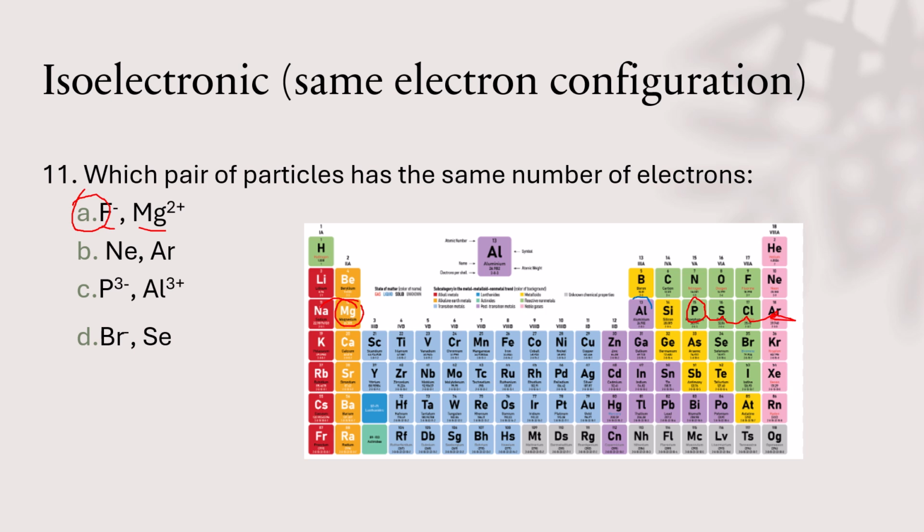Aluminum right here, since it's a 3+, that means it's losing electrons, so it's going to go backwards. So it's going to be isoelectronic with the noble gas in the row above it, meaning isoelectronic with neon. So they're isoelectronic with different noble gases, so that one's incorrect. Bromine with a -1 charge is going to be isoelectronic with krypton. And then selenium, neutral selenium, stays where it is, right? So they're definitely going to have different numbers of electrons.